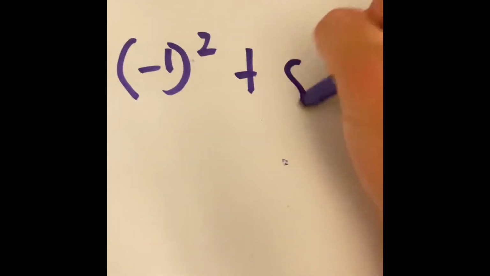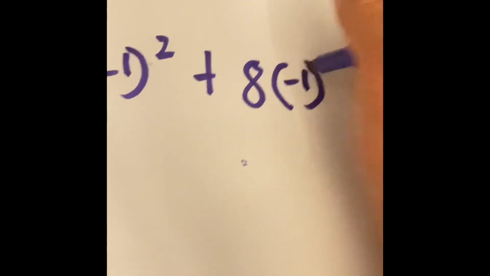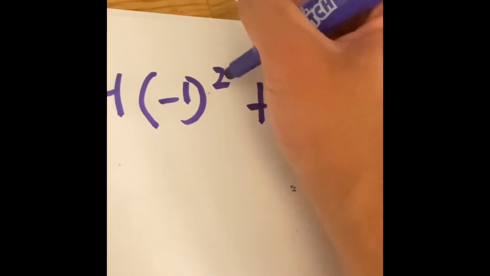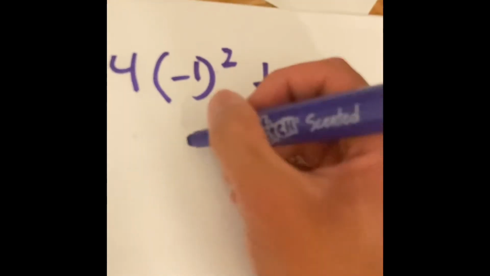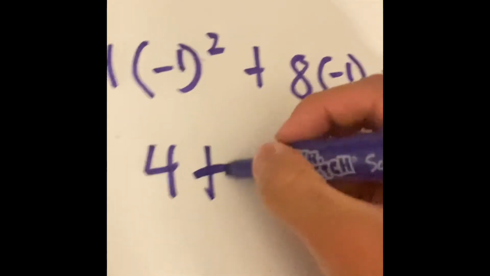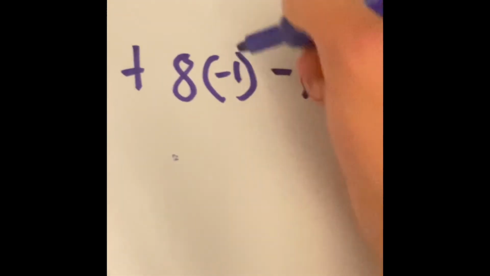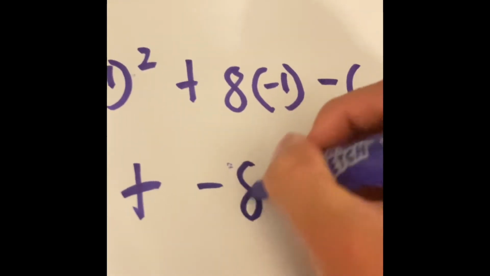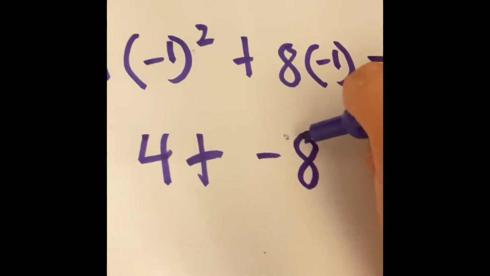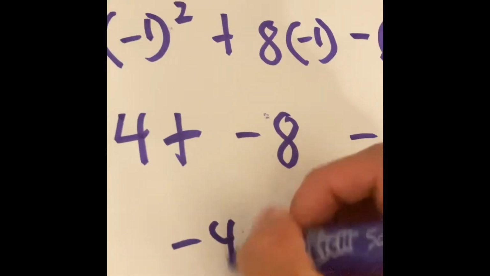So let's do the math. 4 multiplied by negative 1 squared plus 8 multiplied by negative 1 minus 6. Negative 1 times negative 1 is just a positive 1. Times 4 is 4. Plus 8 times negative 1 is negative 8. Minus 6. So 4 minus 8 becomes negative 4.